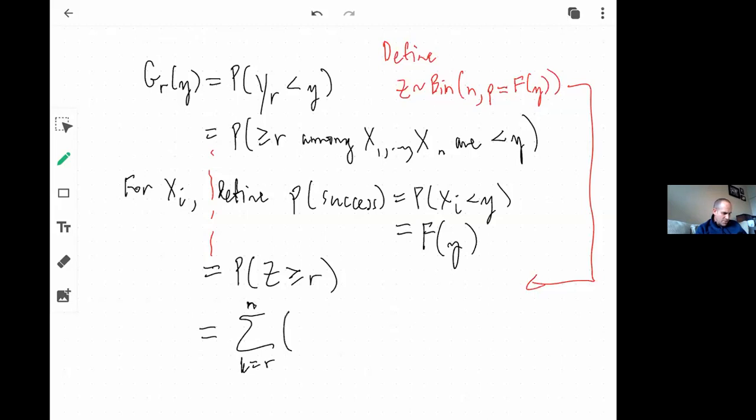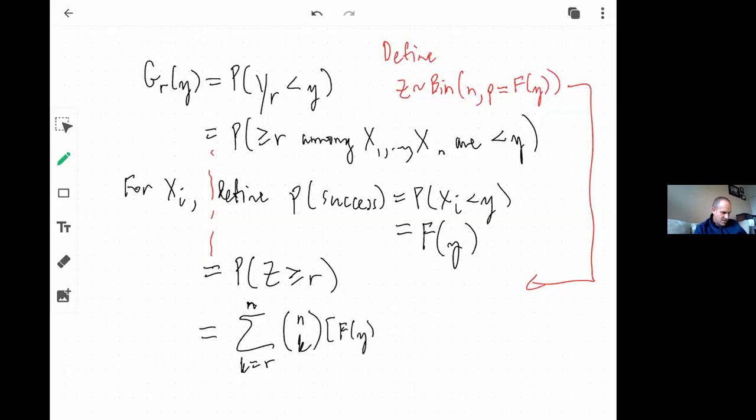What was the probability distribution for that? This is so interesting, right? We're sort of using a discrete distribution to get at this continuous distribution. So it's going to be N choose K. I want to sum all those together, and then it's going to be the probability of success raised to the K. Well, what's the probability of success?